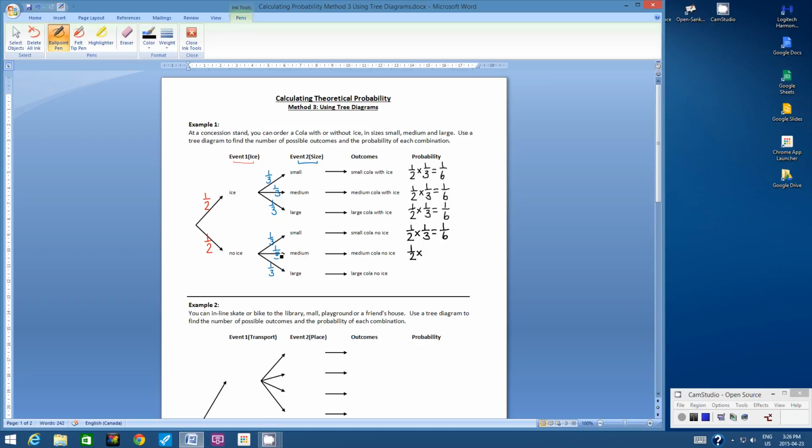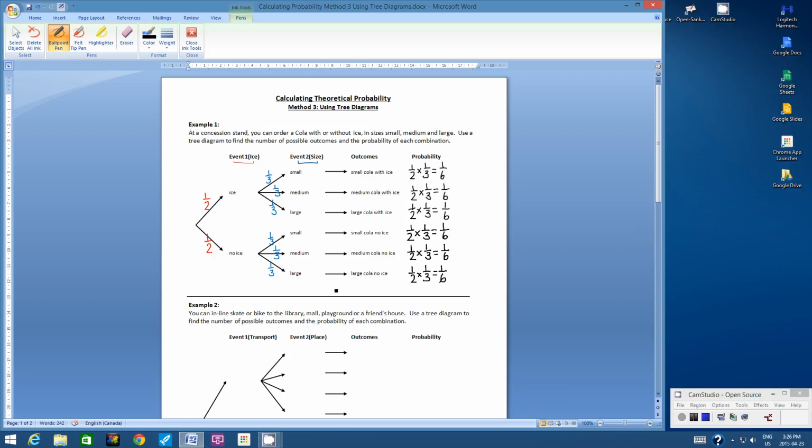And then if we travel down this branch for medium cola, the fraction we see is 1/3. 1/2 times 1/3, 1/6. Okay? All right, how about the last outcome? Large cola, no ice. So again, no ice, the fraction is 1/2. And then large is 1/3. 1/2 times 1/3 is 1/6.